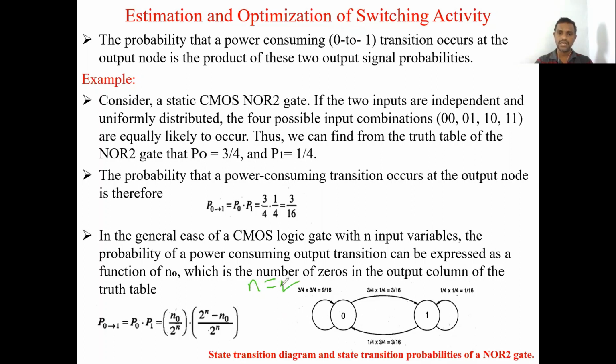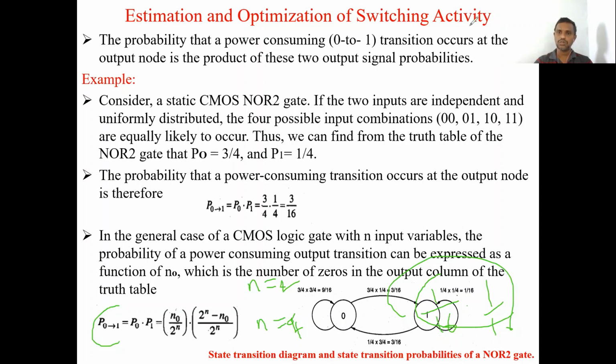Now I will consider n is equal to 4. So it is 1 by 2 power 4, and 2 power 4 means 16. 1 by 16 multiplied with 1 by 16. Here the denominator value will be increasing, so automatically the resultant value will decrease.